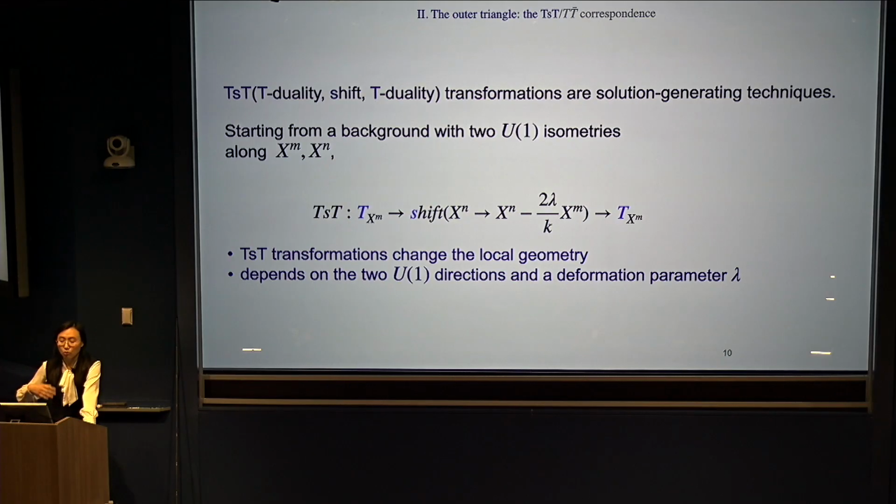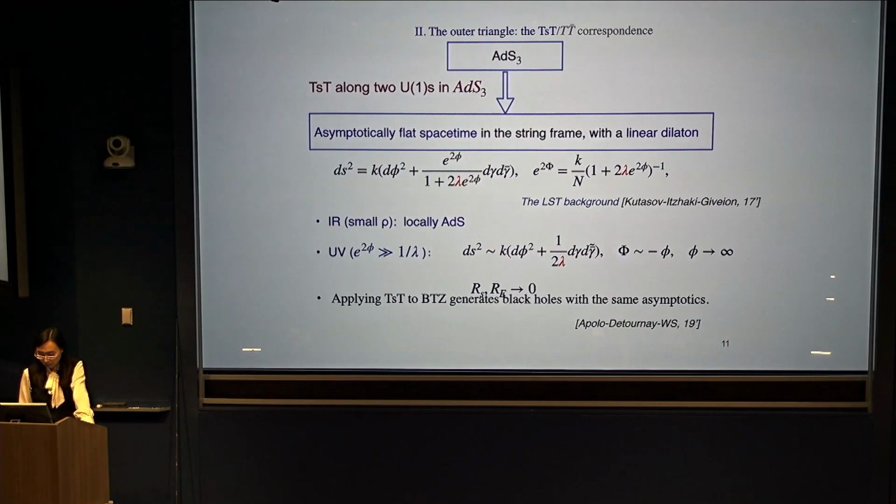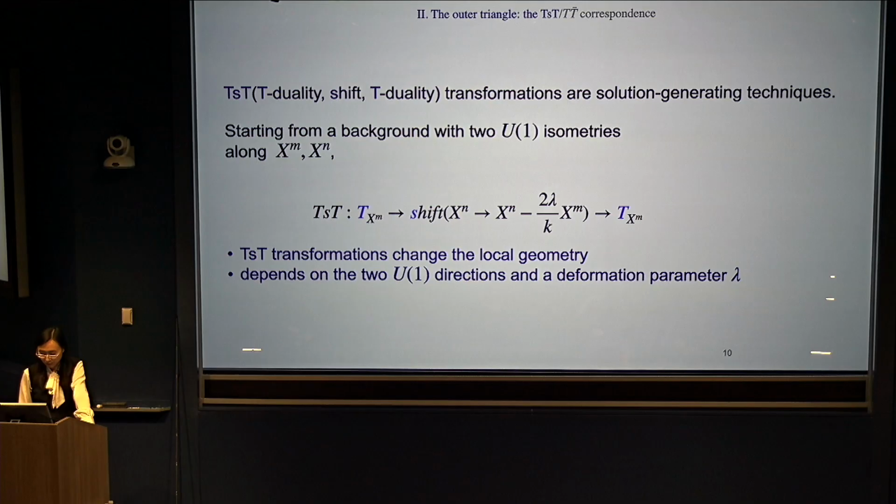We can do a T-duality along one of these U1s, and then shift the other U1. This is the first U1. We do T-duality along this, and then shift the other one by the first one.